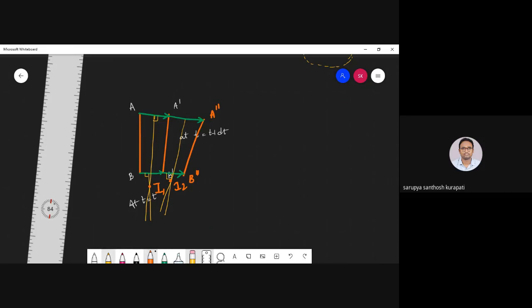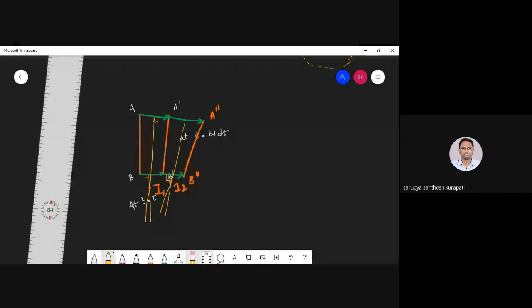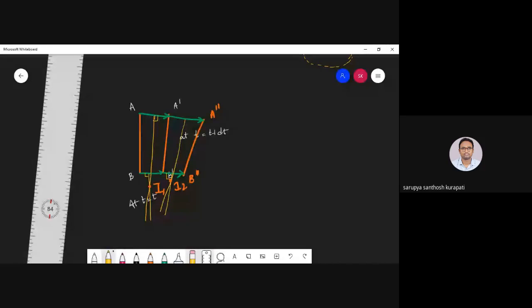Now observe carefully. I'm going to give you some important definitions here. If I join all these I centers, that means I1, I2, I3, I4, I5 and so on, whatever infinite points I get, the locus of all I centers is called the centrode.